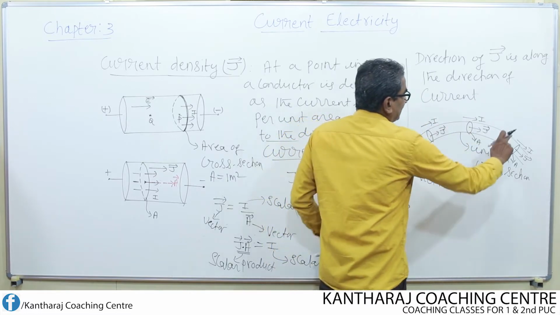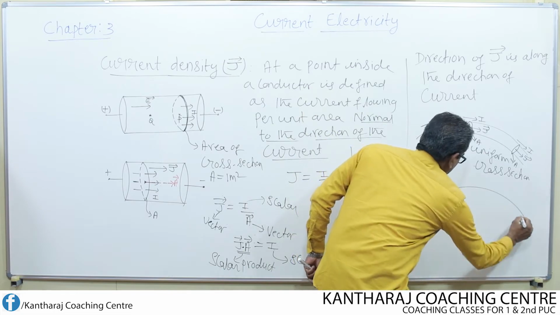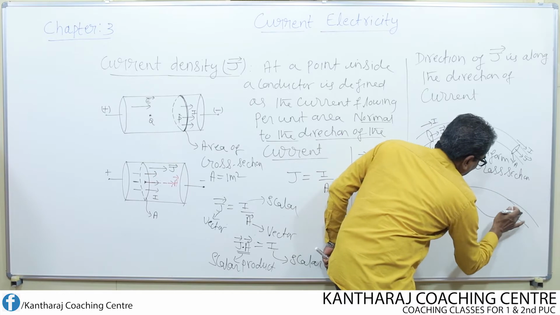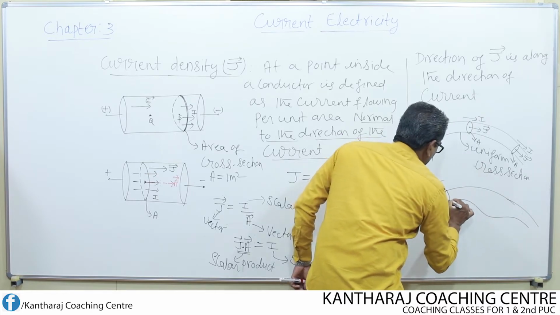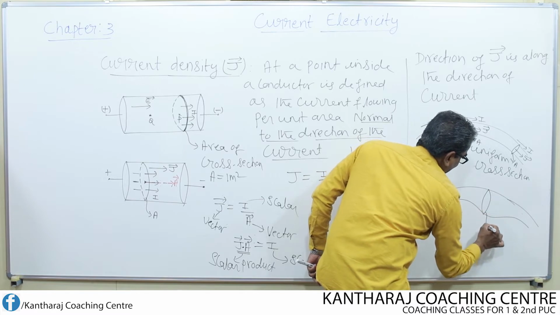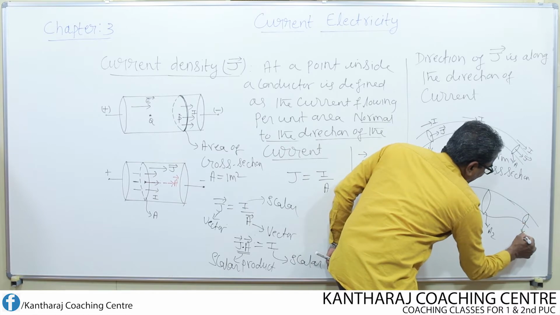Suppose the conductor is of variable cross section, say for example like this. Look here, the area of cross section is A1, here the area of cross section is A2, and again here the area of cross section is not the same, it is A3.